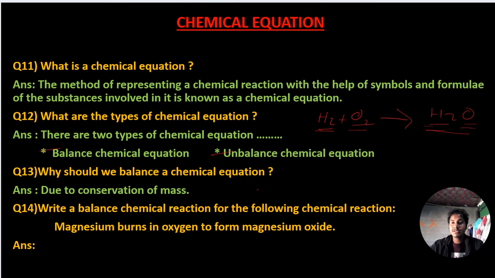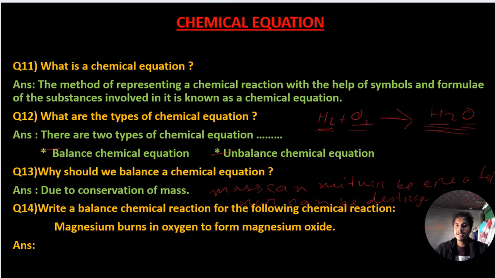So in this product, one oxygen gets destroyed, but according to conservation of mass, mass can neither be created nor destroyed. So to fulfill this law of conservation of mass, we balance the chemical equation.